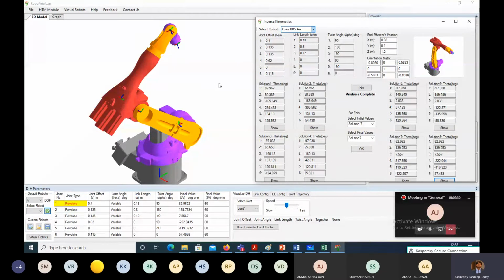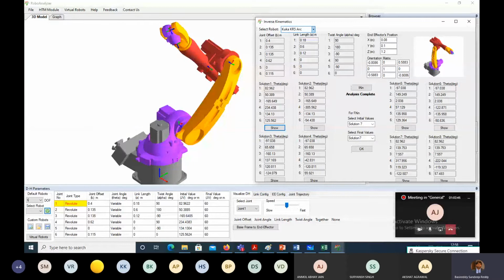It also depends on how you're moving. For example, from one given orientation, like this one in the figure, moving to another position may be more convenient compared to another configuration. These solutions are only for a given x, y and z. But suppose x, y and z keep changing to move to, let us say, x1, y1, z1.